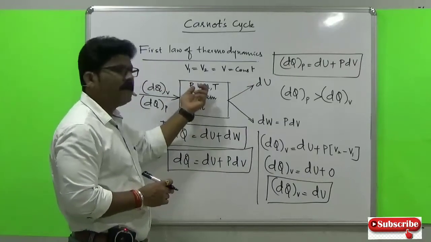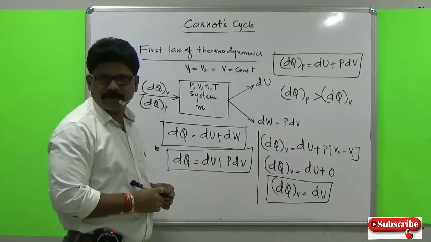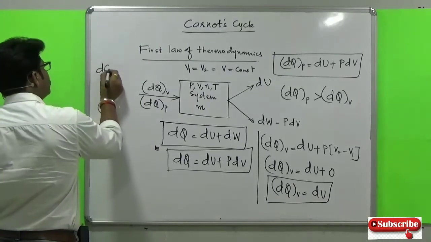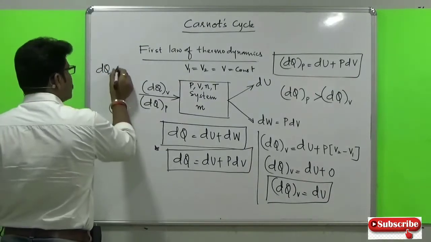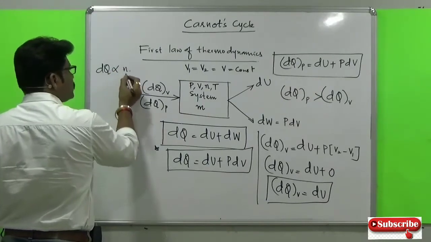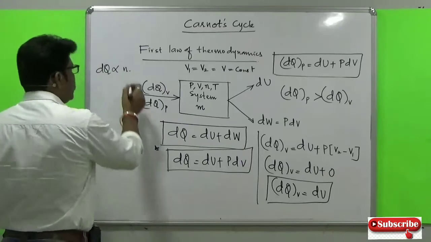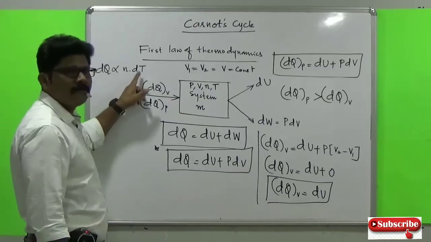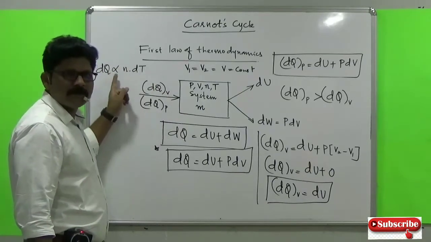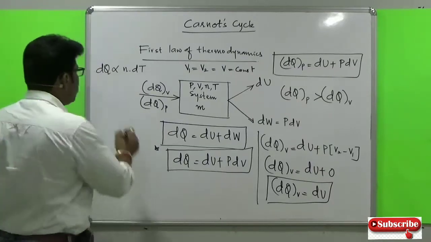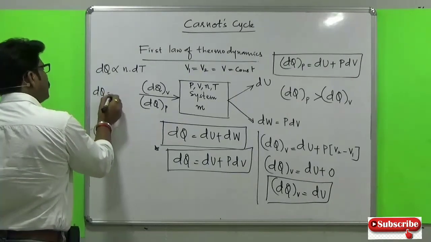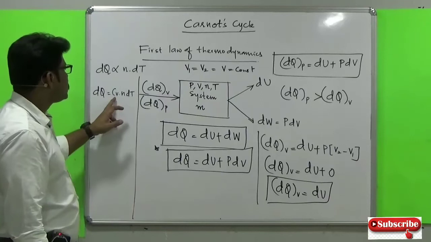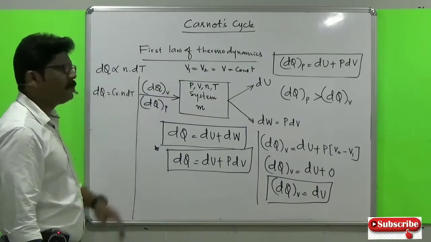If it increases 1 degree rise of temperature for this gas, then I can write it as dq is proportional to number of moles or mass, into dt, change in temperature. Or dq equals to some constant cv into n into dt. So dq can write as du or cv into n into dt.